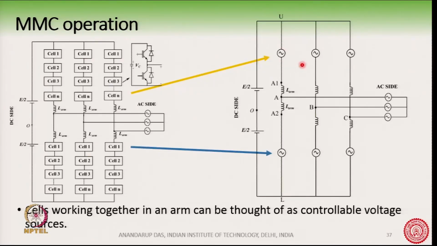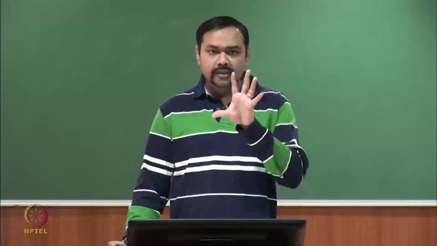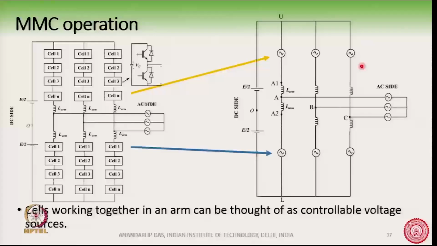So, these controllable voltage sources are something which we can manipulate at our own will, and this is the basis of exploring the different circuit topologies. So, you have controllable voltage sources in your hand which you can manipulate and obtain the desired result. So, this is what we will explore now.